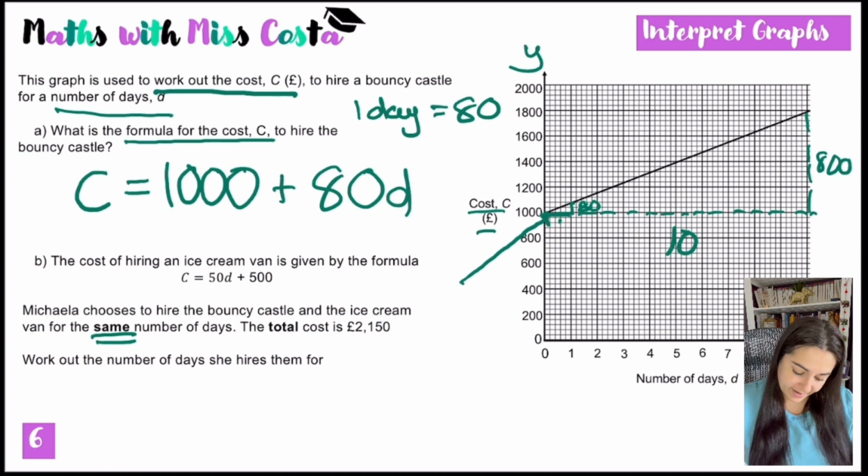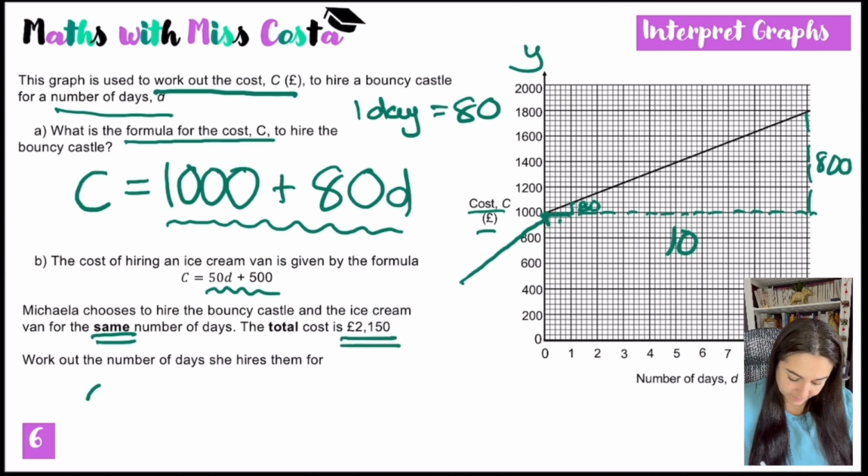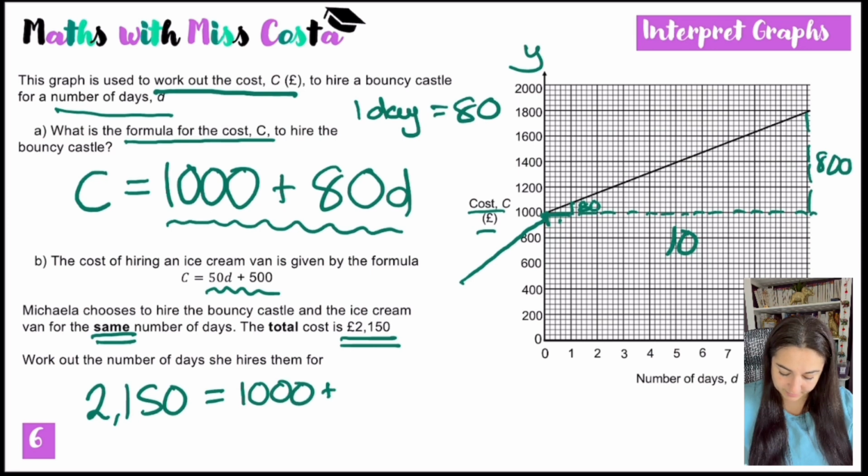So she hires the bouncy castle, which costs this much, and the ice cream van, which costs this much. I said it the wrong way around. And the total cost is 2,150. That is for hiring the bouncy castle, which is 1,000 plus 80D, and the ice cream van, which is 50D plus 500.